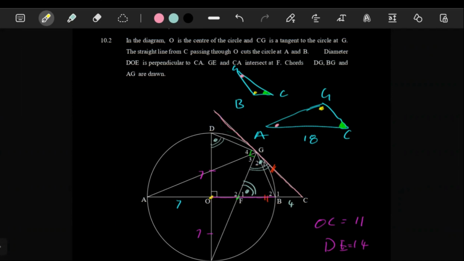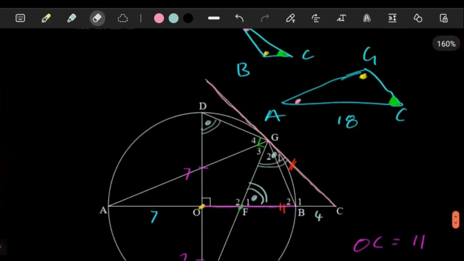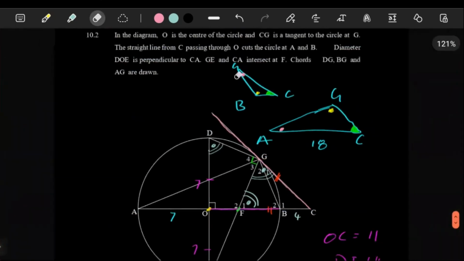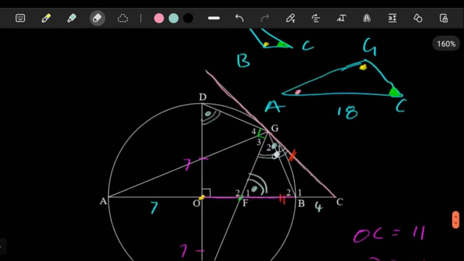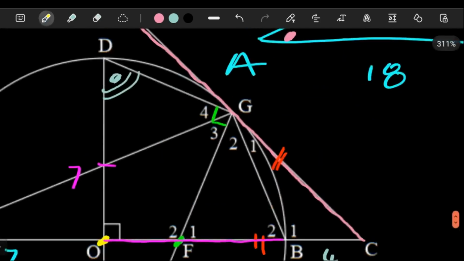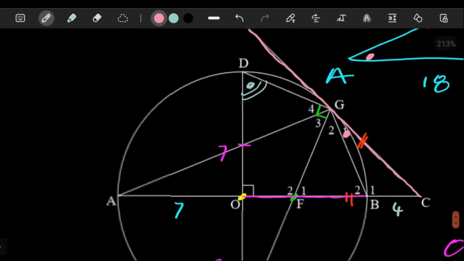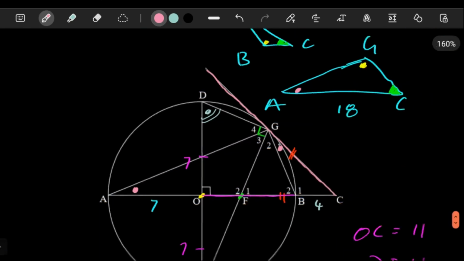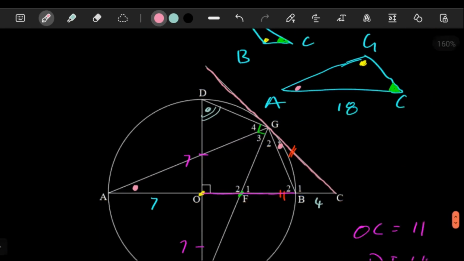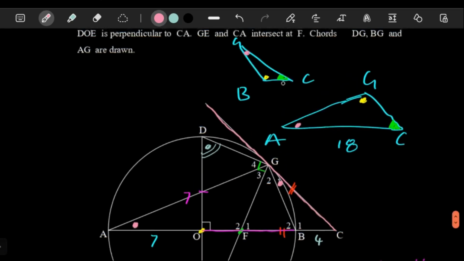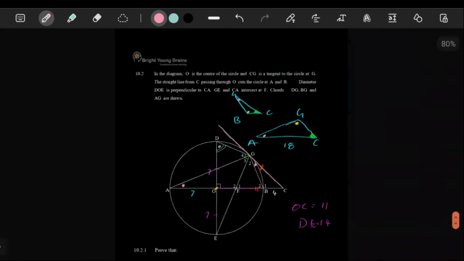There's the common angle over here, and then there are the pink ones because of the tan-chord theorem. The angle here in this triangle is equal to that one because of the tan-chord theorem. And the angle here, the green one, is equal to the angle there, also green, because it's a common angle.